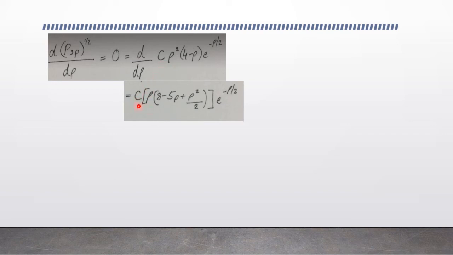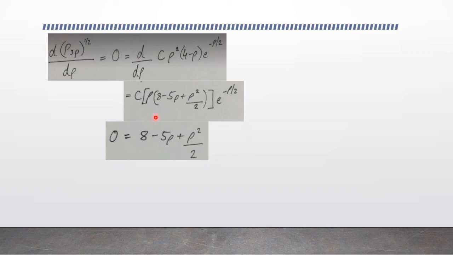So the constant times rho times (8 minus 5 rho plus rho squared over 2) times e raised to negative rho over 2. We divide this entire equation by c times rho times e raised to negative rho over 2, and we end up with 0 equals 8 minus 5 rho plus rho squared over 2.